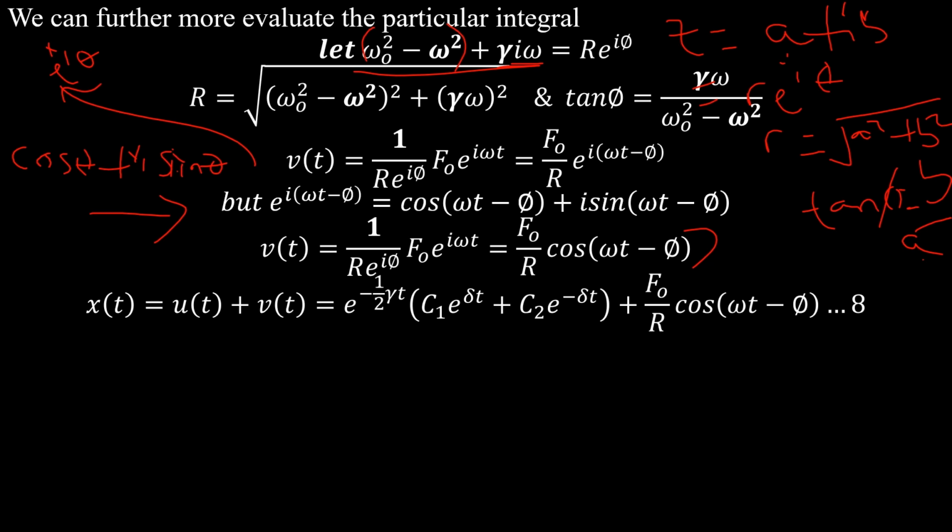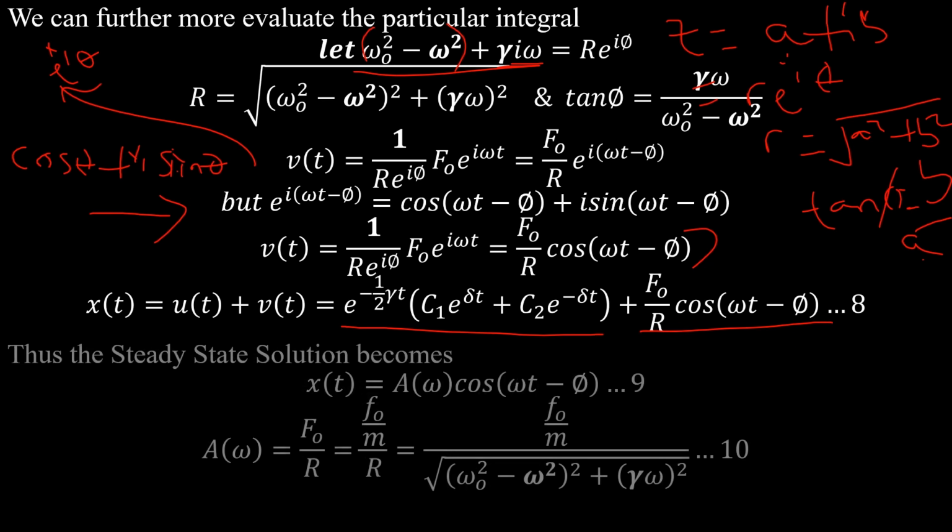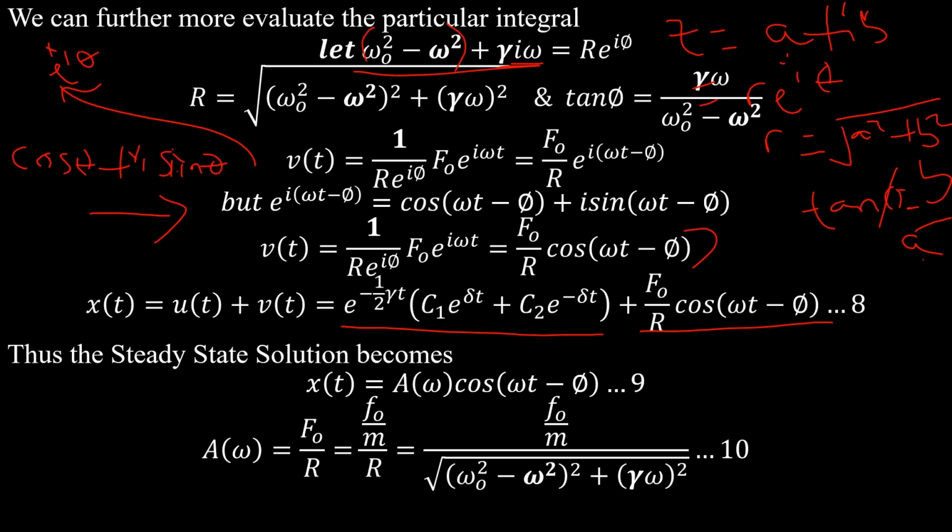So our x of t, our displacement, has this transient solution and this steady state solution. If we do away with the transient part, which becomes zero when time approaches infinity, we are left with the steady state solution, which is just this part of the equation.